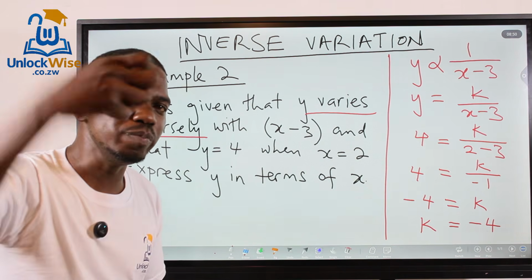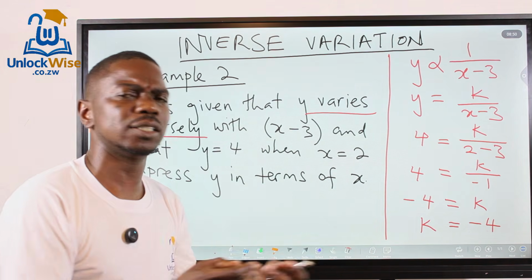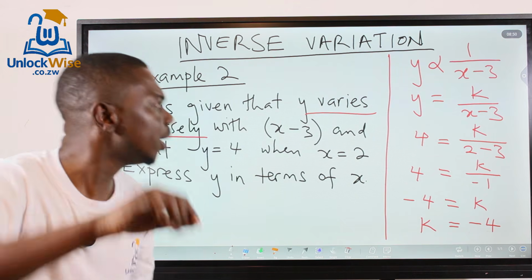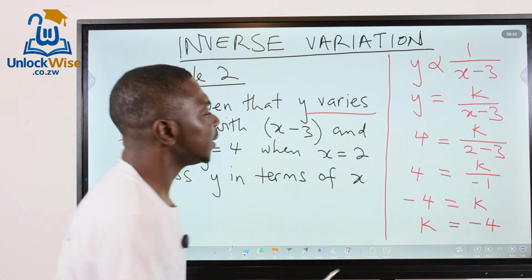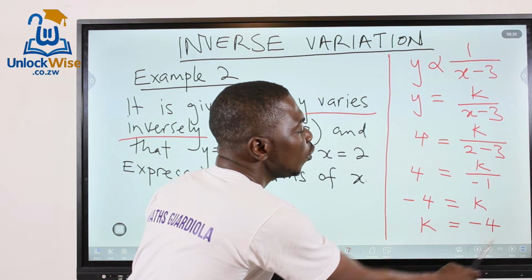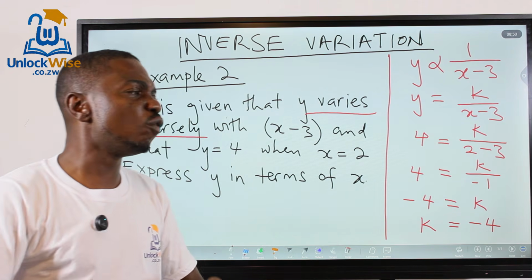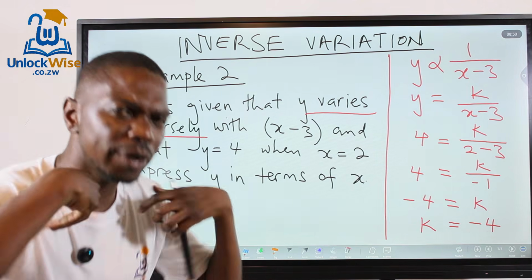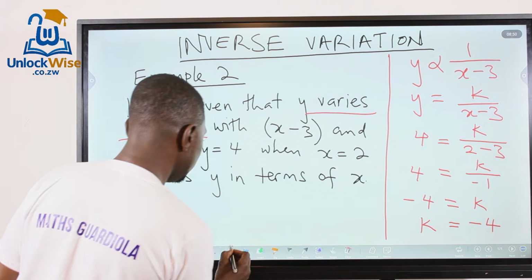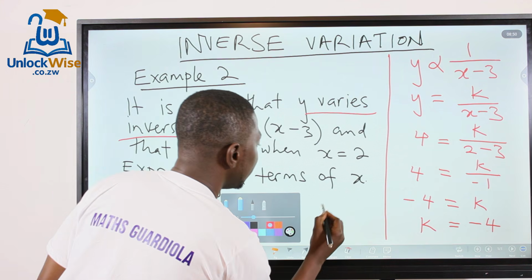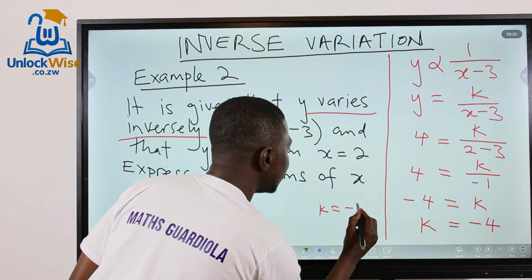Now, this means that we are not supposed to write the k on the equation, but rather replace the k with the value of k, so that our expression will be of y in terms of x. So I want you to notice this. I will have my k here, which is equals to -4.